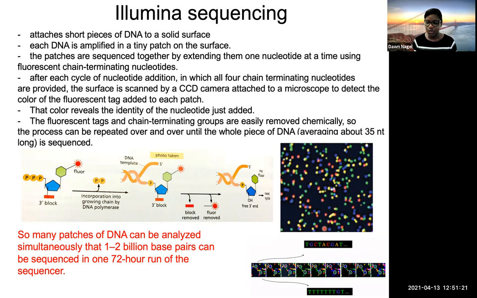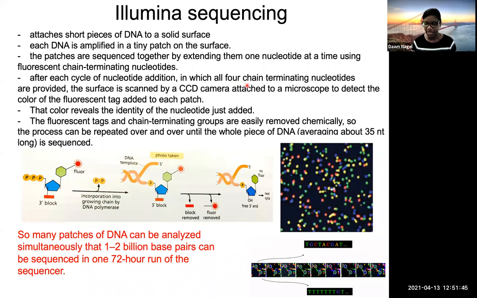And if you want to sequence the whole genome, or, we haven't spoken about transcription yet, but if you want to see all of the genes that are expressed in the genome, you can also use this Illumina sequencing technology, which we'll discuss later.